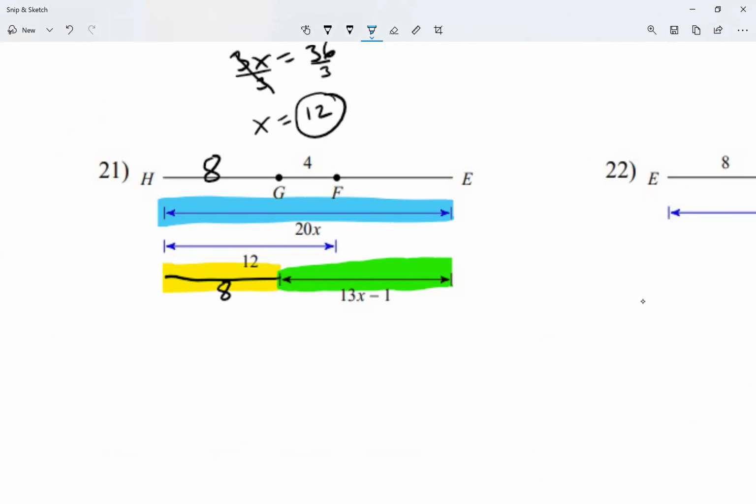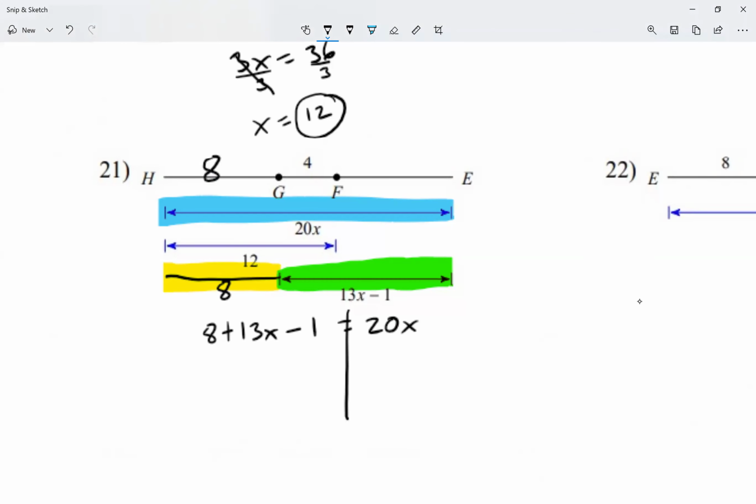I'm just trying to add two segments, combine, make a bigger segment. I want to have information about all the segments that I'm dealing with so I can set up my equation here. I'm going to go 8 plus 13x minus 1 is equal to 20x.